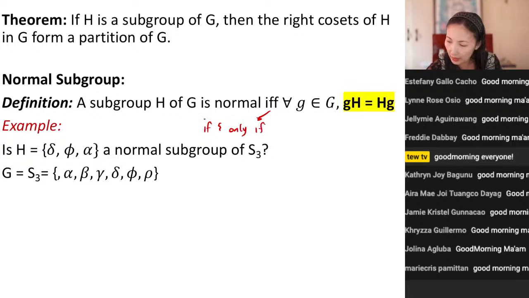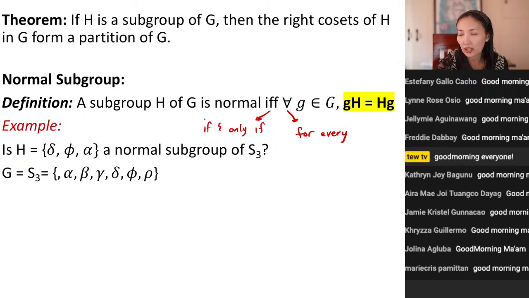And how about this sign? For every g which is an element of G. If gH is equal to Hg is satisfied, then H is a normal subgroup of G.